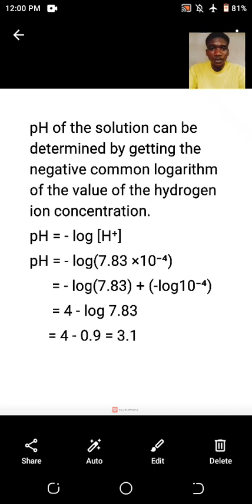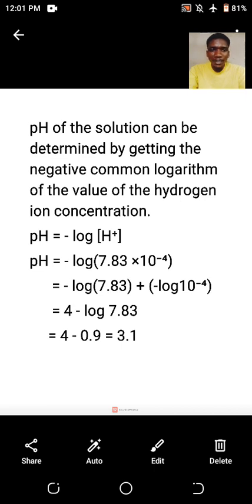So the pH is equal to negative logarithm, all in brackets, 7.83 times 10 raised to the power of minus 4. Let us solve using our logarithm ideas. Whenever we are multiplying, logarithm is equivalent to what? Summation of the logged numbers. Therefore, it is equal to minus log 7.83 plus bracket minus log 10 raised to the power of minus 4.